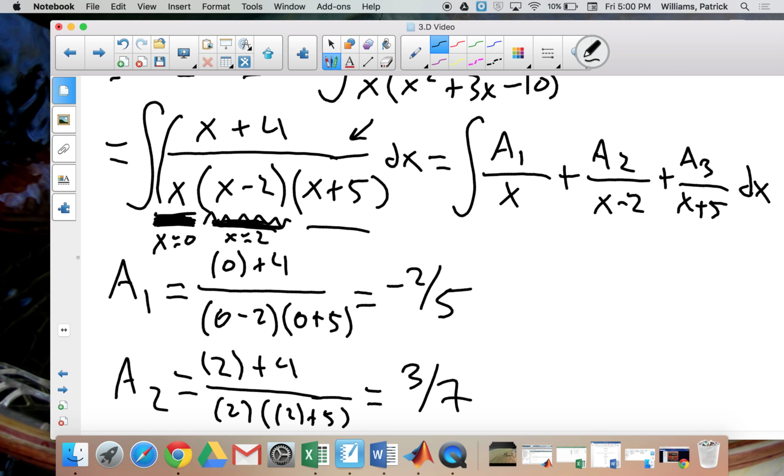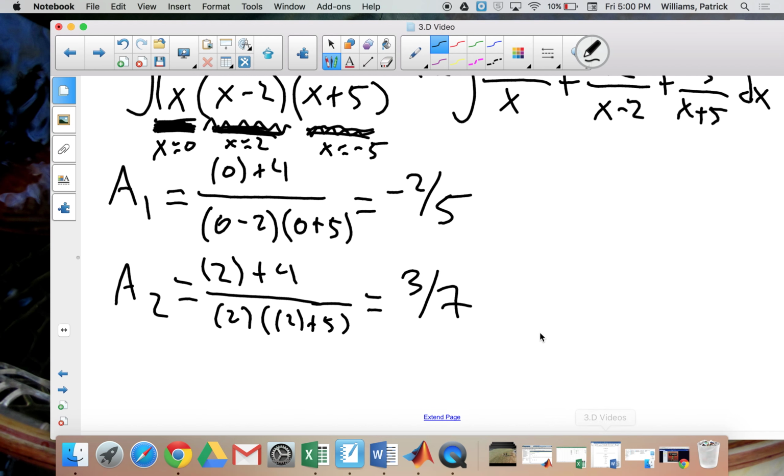Now if we go ahead and solve for a3, we're going to want to plug in the value that makes the third term equal to 0. So that will be x is -5. We are going to cover up that third term and plug x equals -5 into all the x values in that quotient term right there.